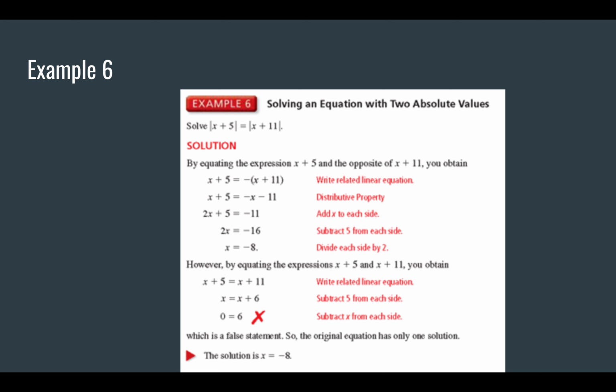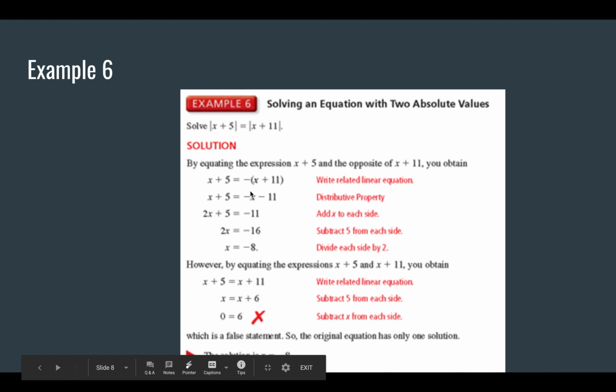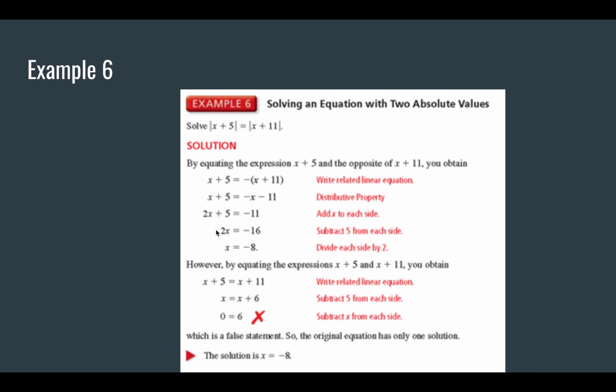Example 6. Solving an equation with two absolute values. Solve the absolute value of x plus 5 equals the absolute value of x plus 11. By equating the expression x plus 5 and the opposite of x plus 11, you obtain x plus 5 equals negative of x plus 11. And then use the distributive property to get minus x equals minus 11. Now we can solve for x, and we get x equals negative 8.